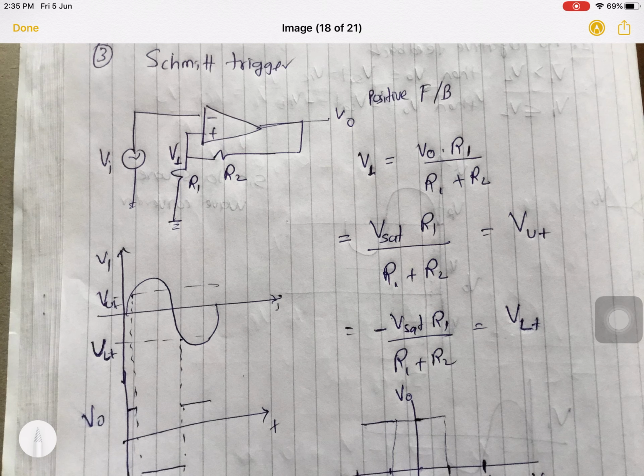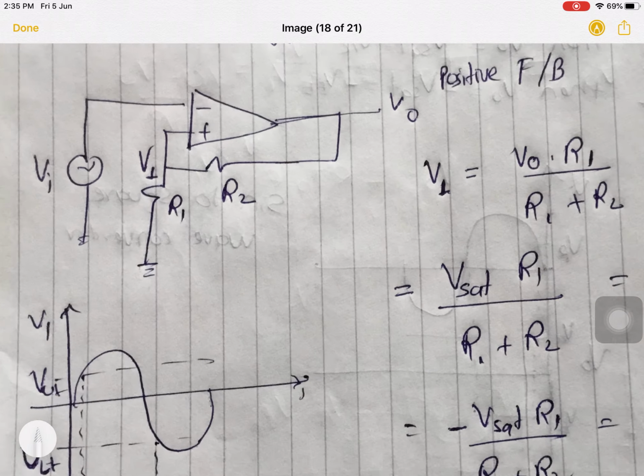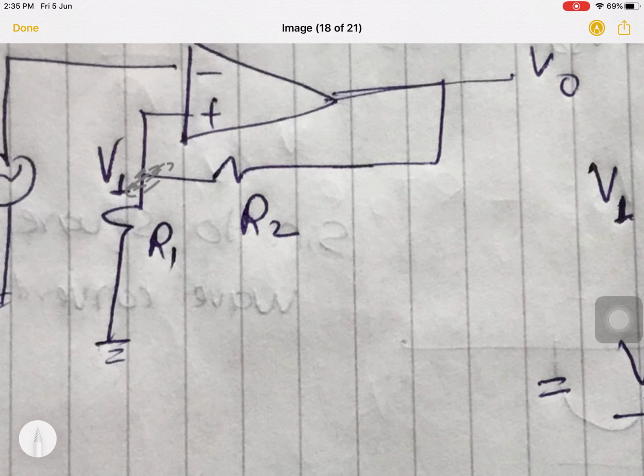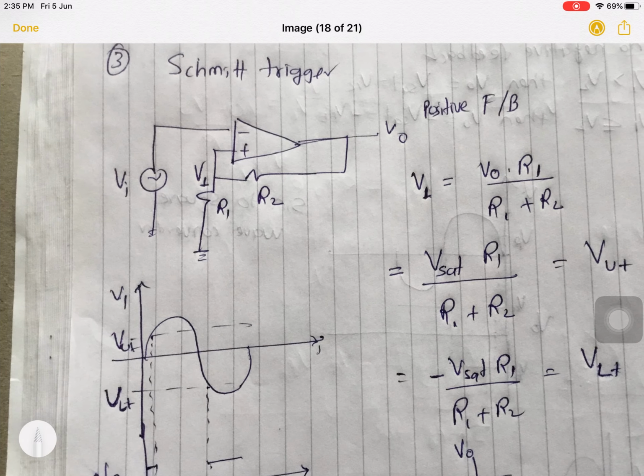Let us assume the voltage at the positive terminal, the non-inverting terminal, is V1.